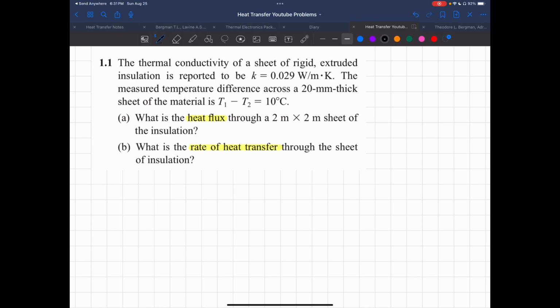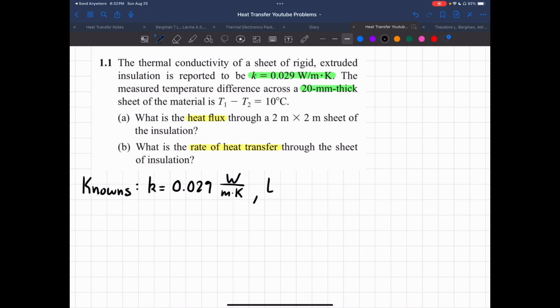So we're going to start by writing down our knowns. What do we know before we even start the problem? We know k equals 0.029 watts per meter Kelvin. That's the thermal conductivity. We also know that the thickness is 20 millimeters.